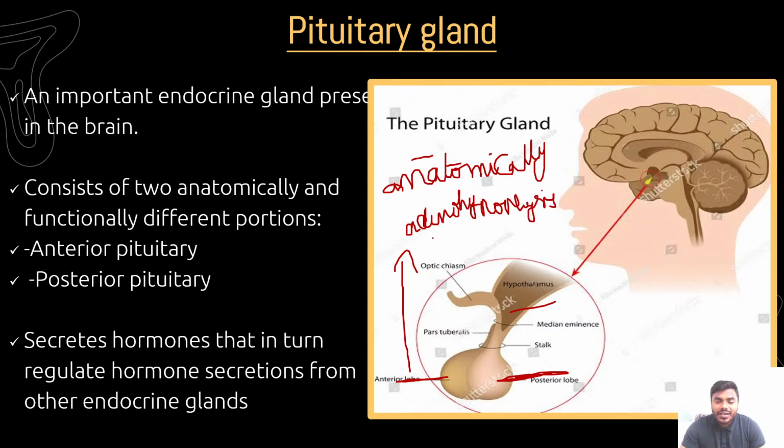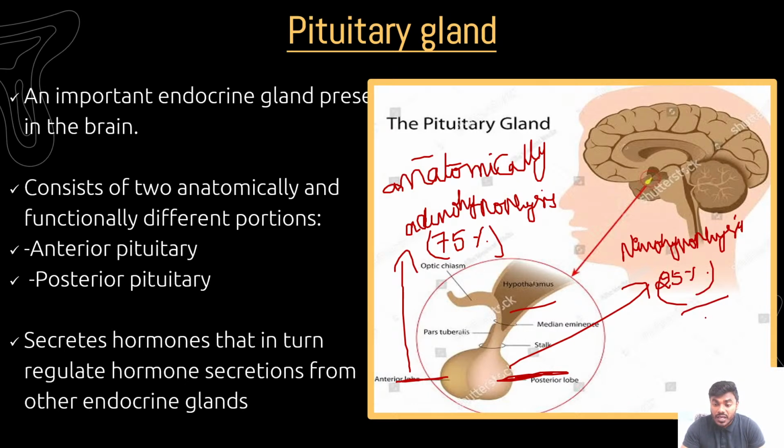This anterior pituitary occupies 75% of the space. And the posterior pituitary, friends, we will be calling it the neurohypophysis. It occupies only 25% of the space. Please do not get confused with this particular point.